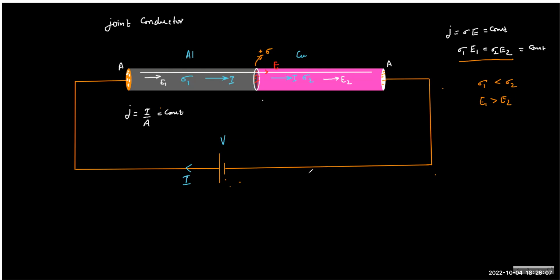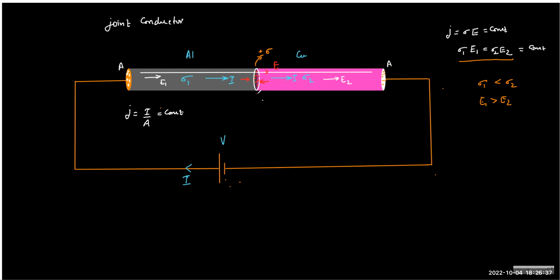And what will happen? This negative layer will create a field like this, because field lines terminate on the negative charge. This negative charge will try to cancel the field on the right side, but it will add up on the left side. Do you realize this?